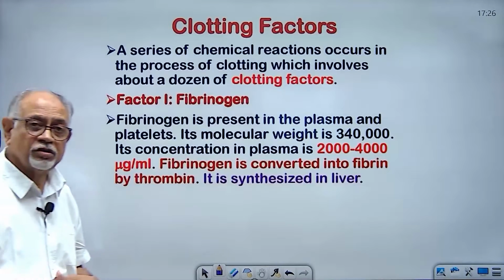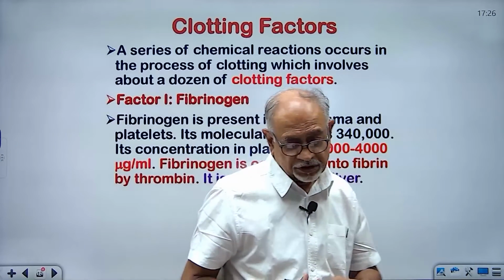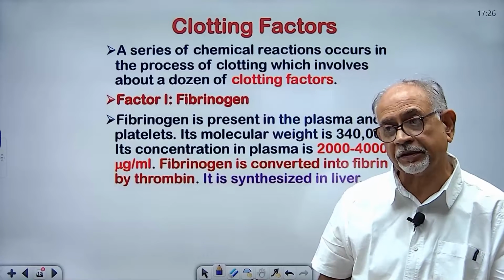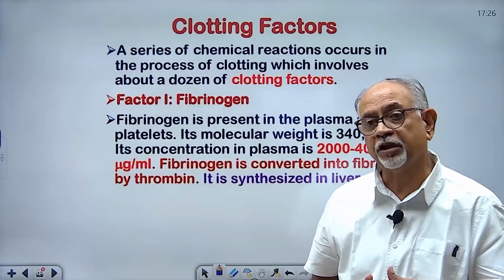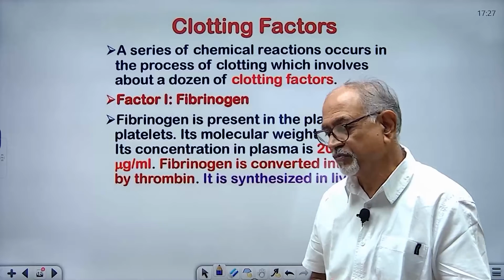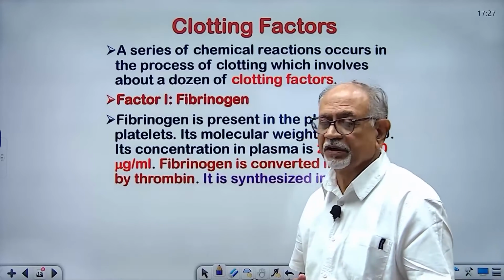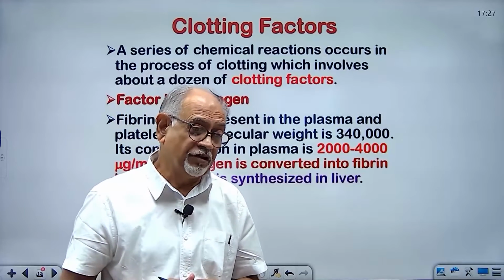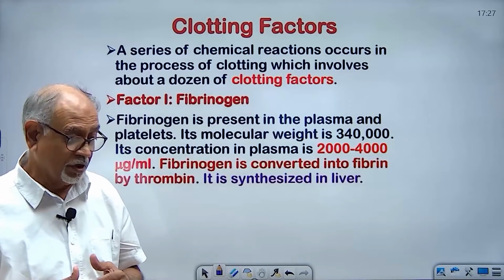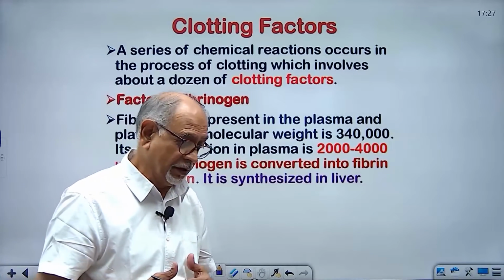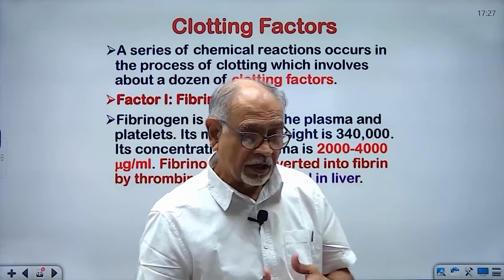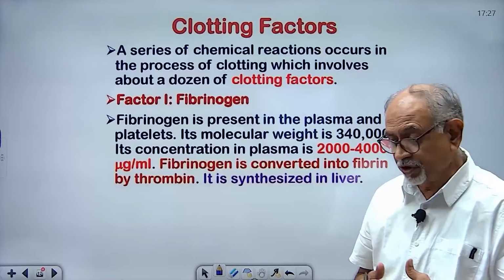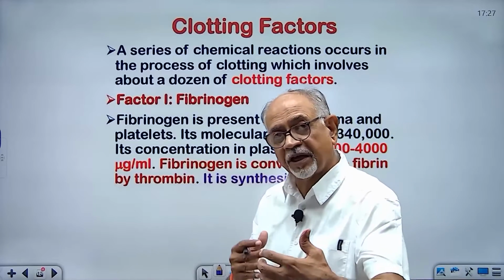Now, coming on to the most important part of this topic, the clotting factors. As stated earlier, the process of clotting is controlled by a dozen clotting factors which act in a cascading manner.